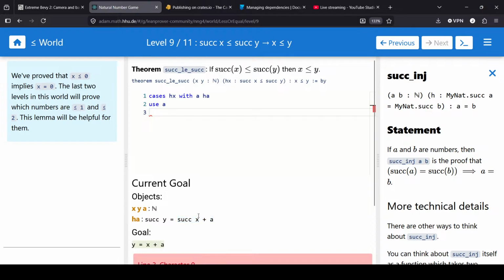Oh, but then I could turn it into this form, and then I could lower it down, right?